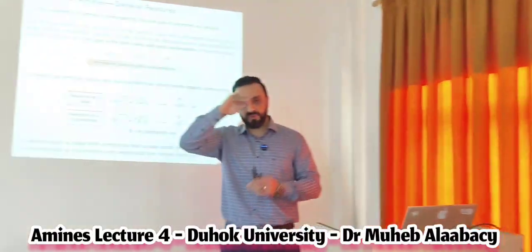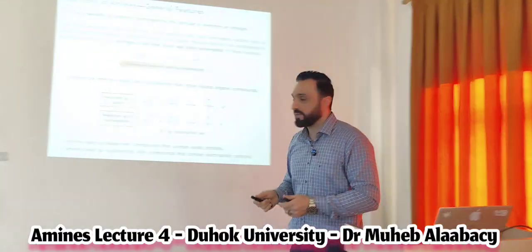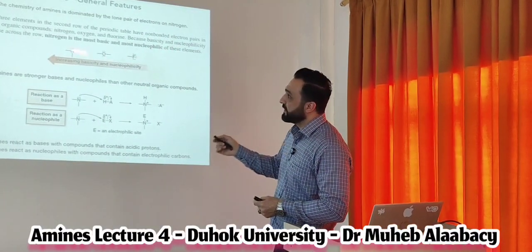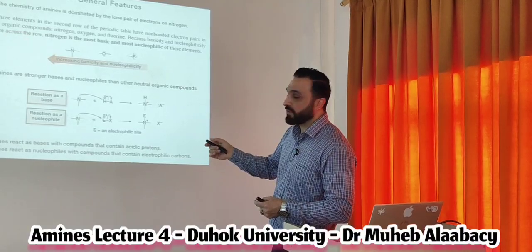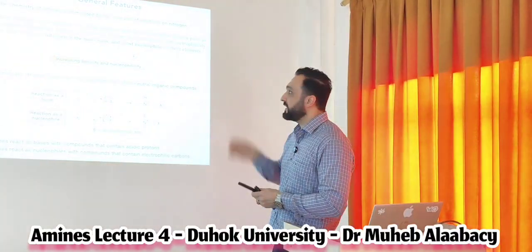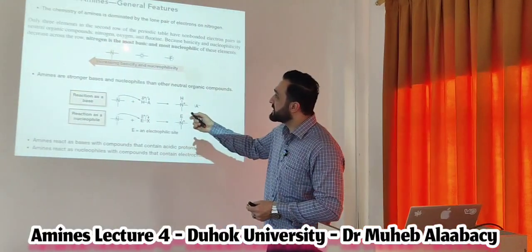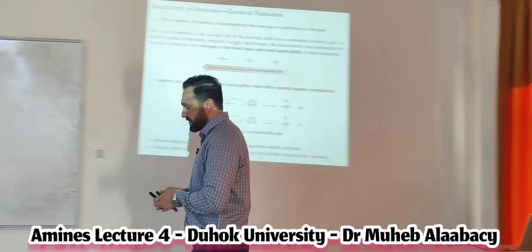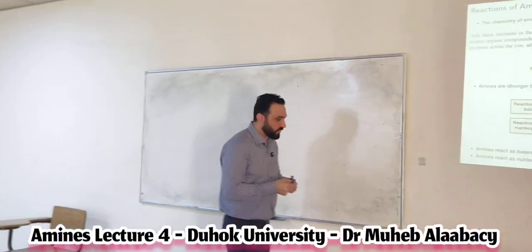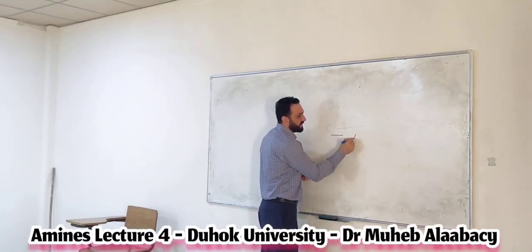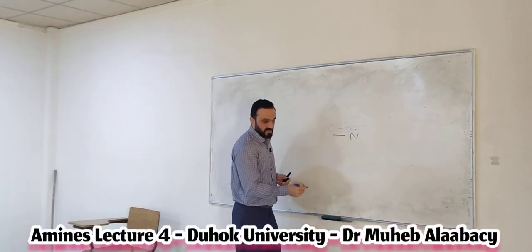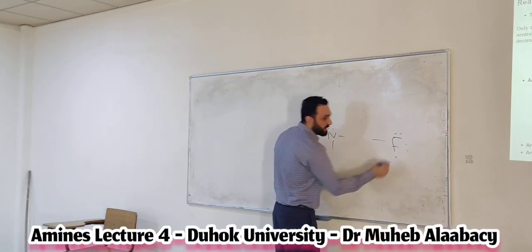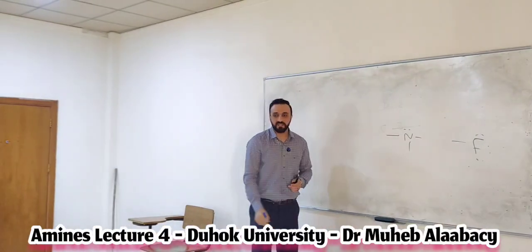He talked just about the first row in the periodic table. Because basicity and nucleophilicity decrease across the row, from left to right, nitrogen is the most basic and most nucleophilic of these elements. If you compare the nitrogen, which has a lone pair of electrons, with fluorine, fluorine has high electronegativity.